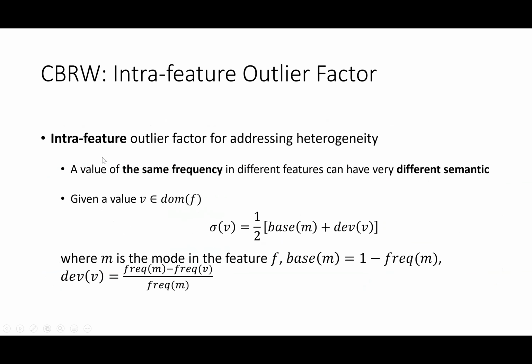To model the intra-feature part, as I said, we focus on outlying behavior. Since it's just an example, you could have different ways to do it anyway. Given a value, because we focus on categorical data here, we have the mode, and then we have the duration. Duration matters: the mode frequency and the particular value's frequency.